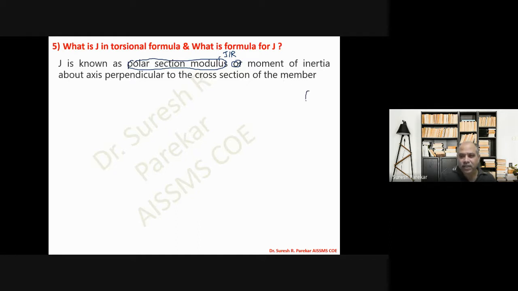So we have the cross section with Ix and Iy, and perpendicular to this we have the z axis, and J is the moment of inertia about this z axis. So we have Ixx equal to Iyy equal to pi by 64 d to the power 4, and Izz is Ixx plus Iyy, and therefore it becomes pi by 32 d to the power 4.